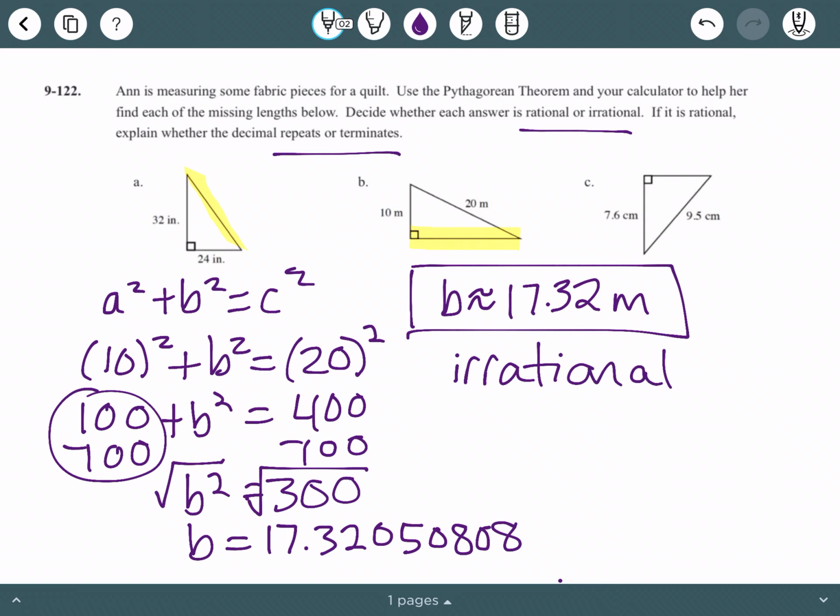The reason is if we look at those numbers that come after our decimal, they don't repeat and they don't end, or they don't terminate. So if you get to that point where your calculator screen is maxing out on digits, it's an irrational number. Okay, so once you have b down, we'll take a look at c.